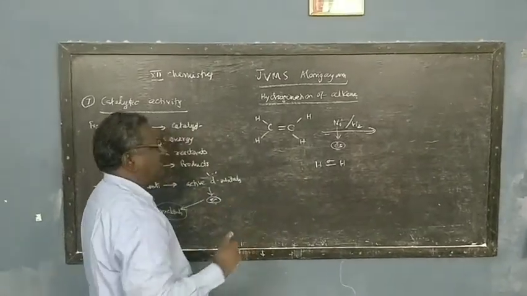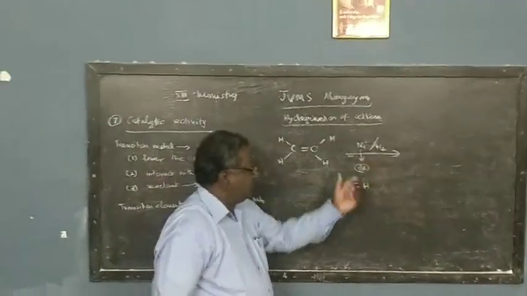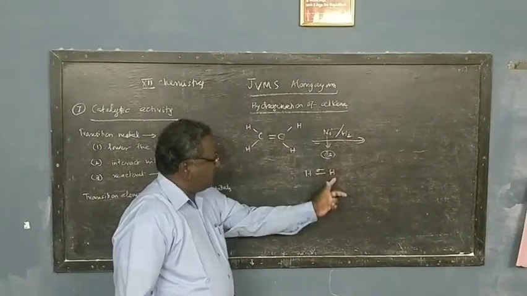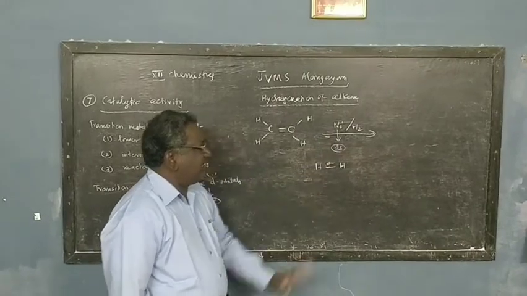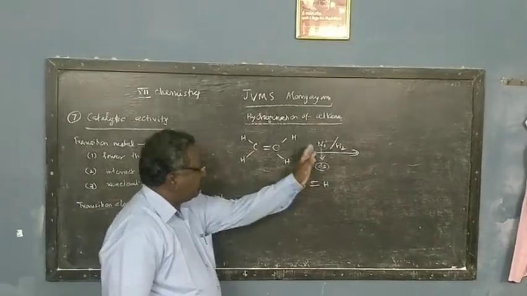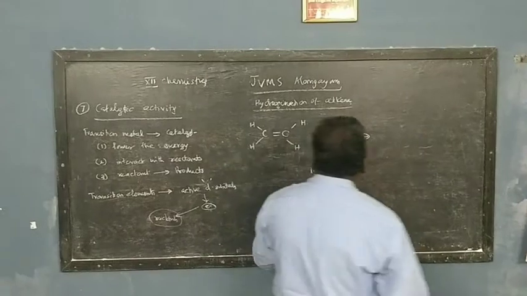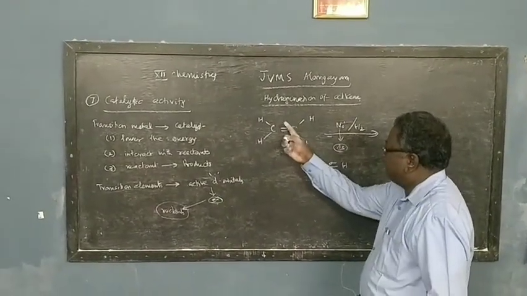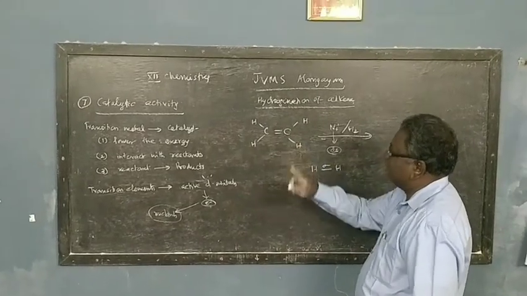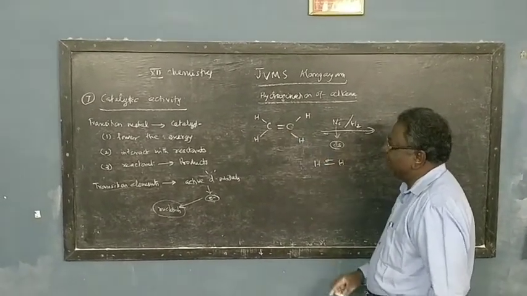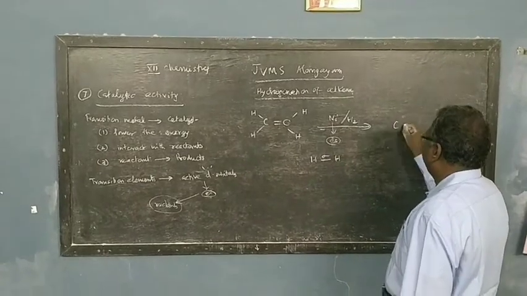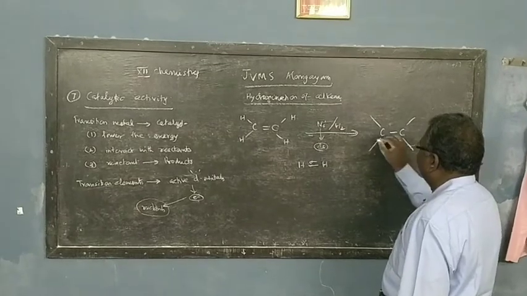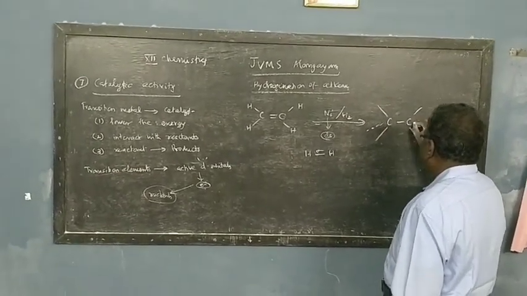So this is the first stage. The sigma bond of hydrogen breaks, each hydrogen getting one electron. Then they make a bond with nickel, because nickel has the d electrons, and after that these hydrogen atoms break the bond with nickel and start breaking the pi electrons which are present in the double bond. Once the pi bond is broken by the intermediate, then what happens?